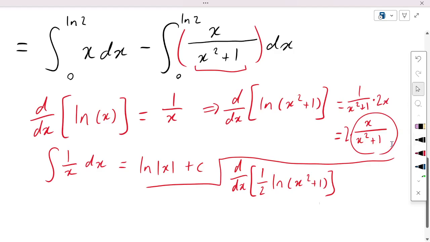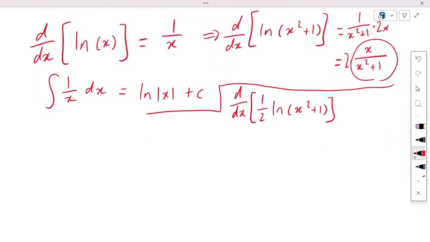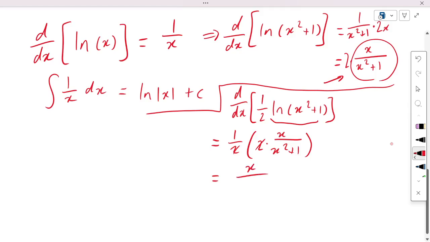And this is just going to be equal to, we know that this over here is equal to that. So we're just going to take this constant out. This is going to be multiplied by 2x over x squared plus 1. And then these can cancel. Can you see how this gives us x over x squared plus 1?